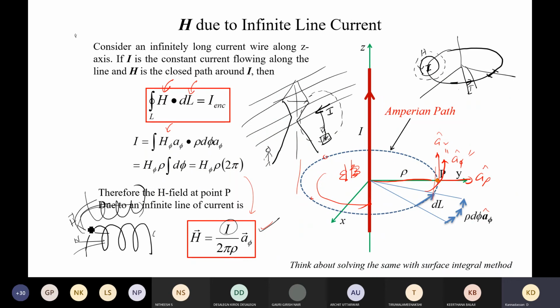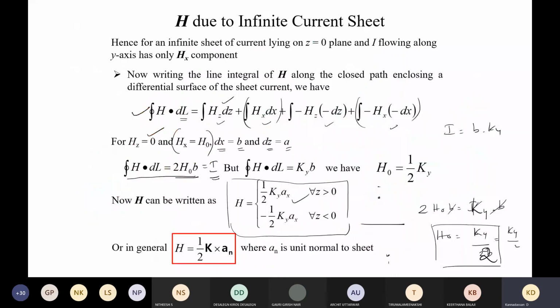So how much magnetic field is going from one coil to another coil decides it. By means of the number of turns, we can calculate it, and therefore you can calculate the current I. So even when very high voltage is coming to your home, 230 volt, your transformer can reduce it to 20 volt or 10 volt, depending on that. So these are all interesting applications of Ampere's law.